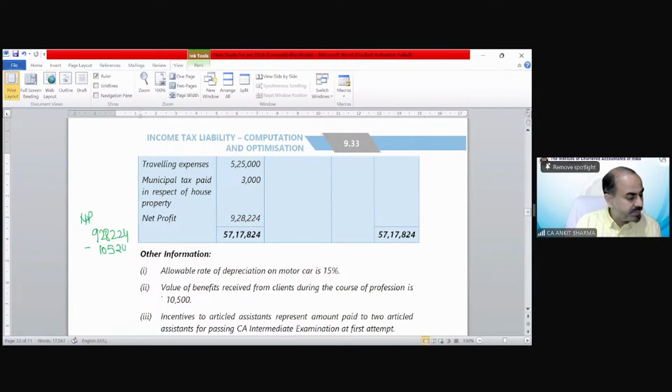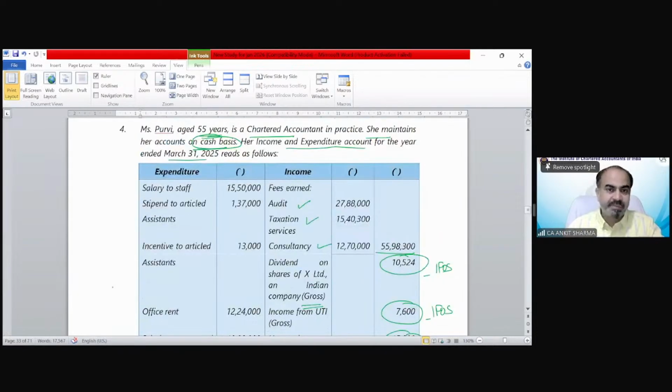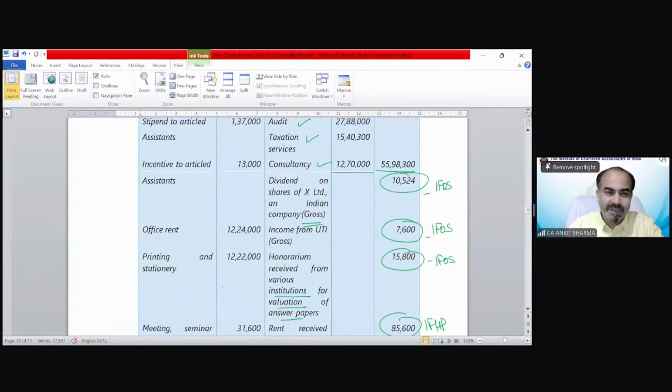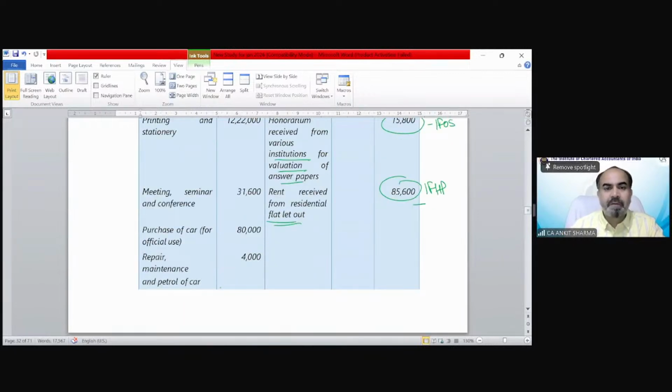dividend, UTI, 15,800, 85,600. Now coming on to the expenditure side, salary to staff, stipend, incentive, office rent, printing, meetings, seminar and conferences, all are expenditure related to my profession.